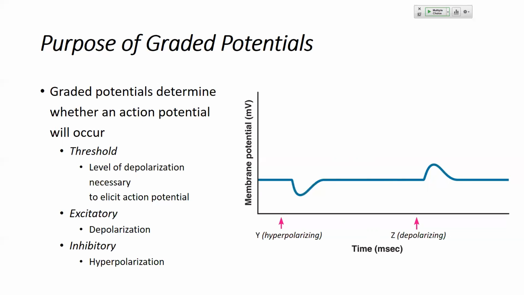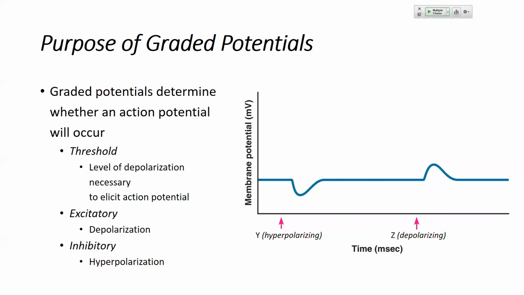In the case of an inhibitory graded potential, this makes it much more difficult for an action potential to be initiated. And we're going to see this when you look at the cardiovascular system. The parasympathetic system has an inhibitory effect on the heart, and so it makes it hard to fire an action potential.